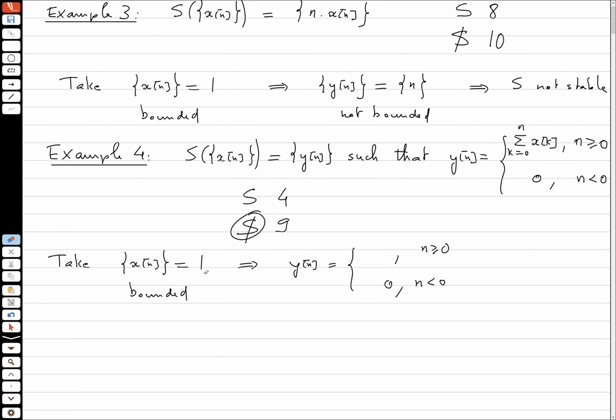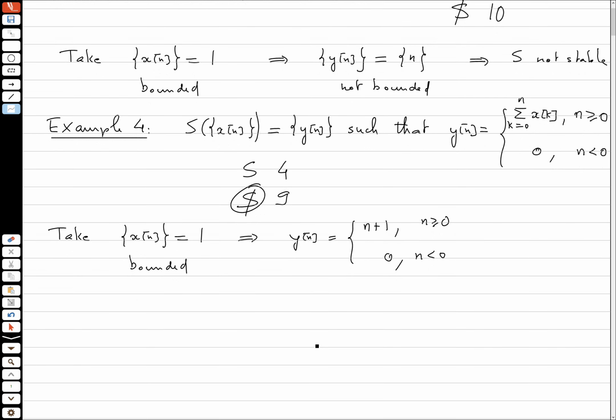That sequence is 1. Almost. You have to add up. So when you take this as input, you have to add up once. How many times? n plus 1 times. From 0 to n, you have n plus 1 numbers. You know that? Okay. Is that bounded?